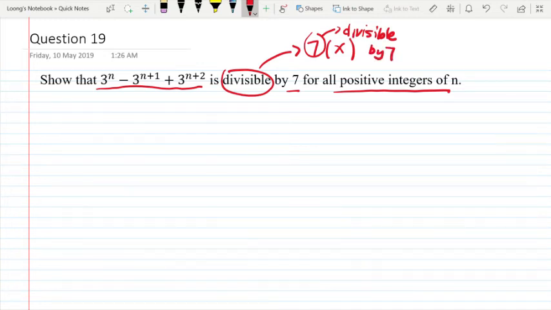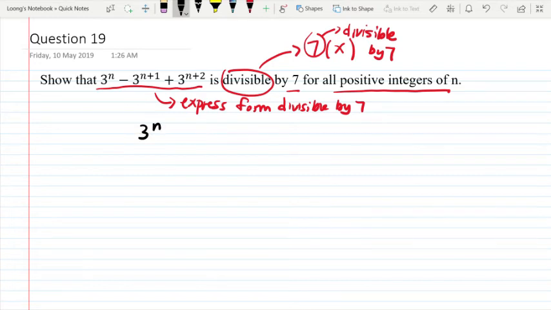So we need to express it into a form that is divisible by 7. So starting off, we write out the whole equation first, as always.